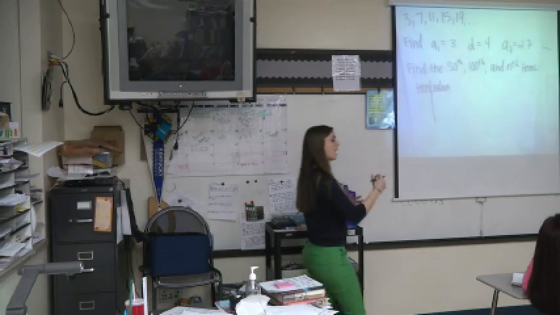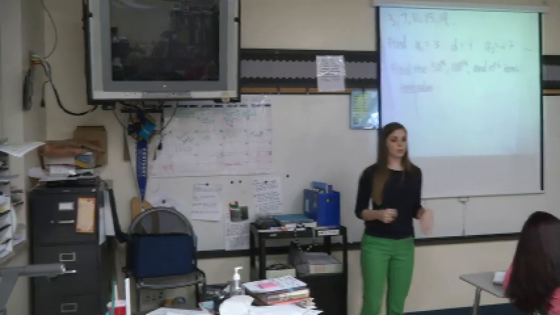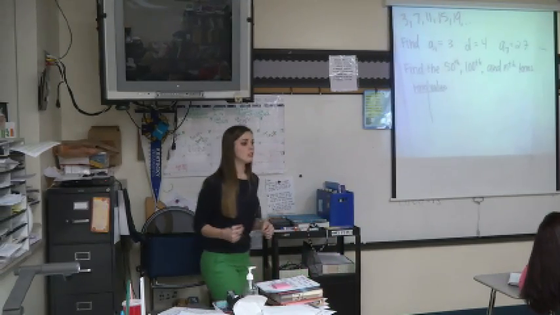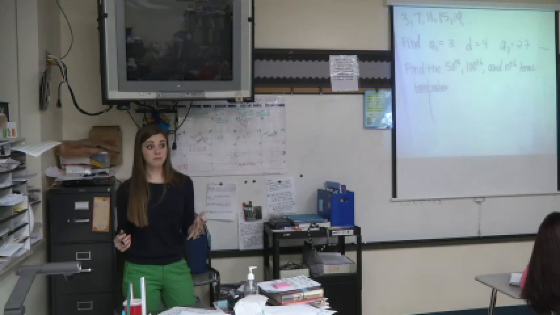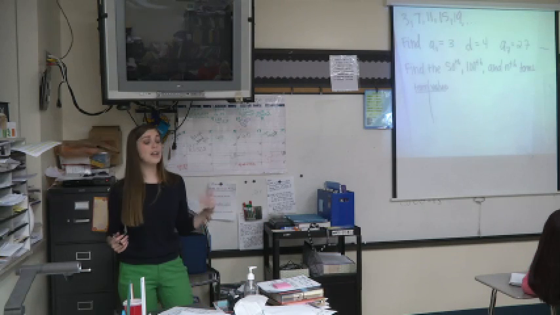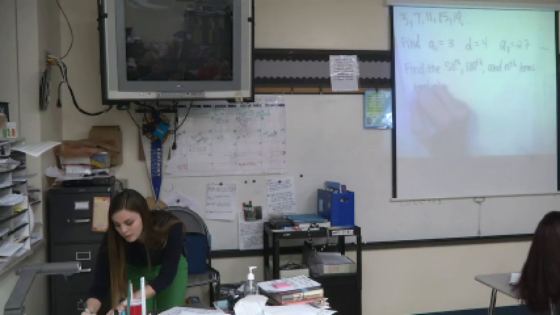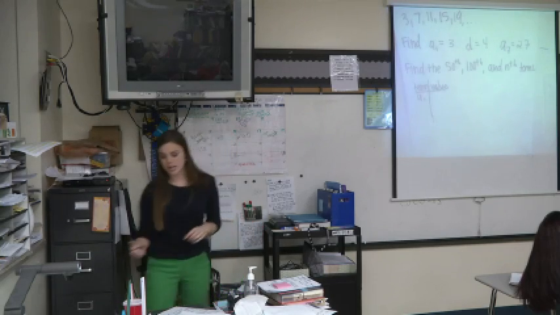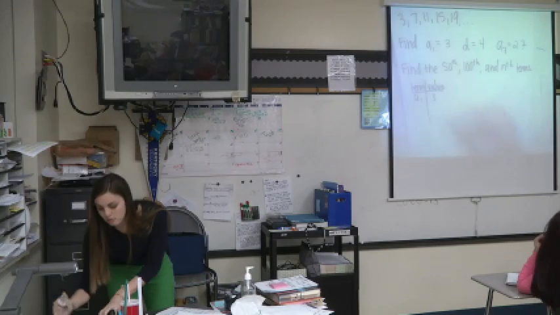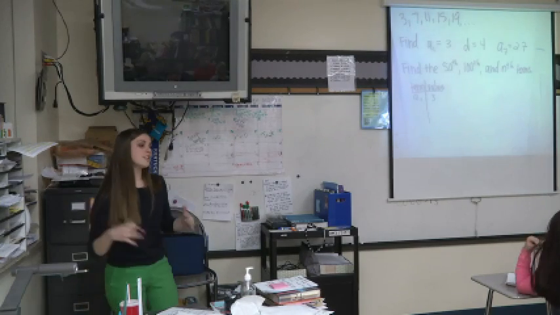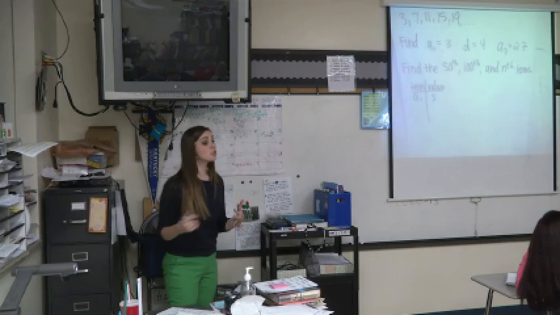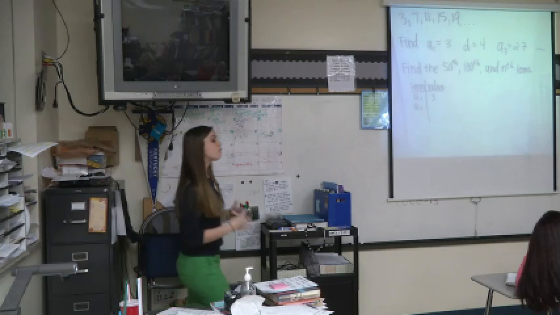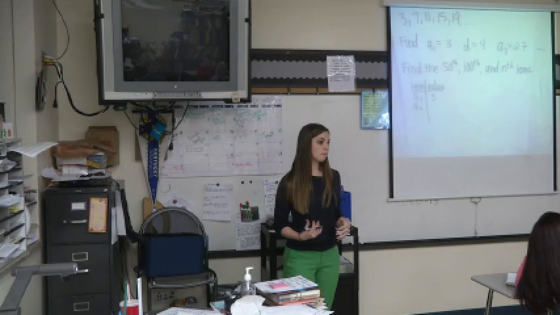We're gonna start at the very beginning. What's the first term? How do I write that in proper notation? A sub 1. Good. That's the first term. What was the value of a sub 1? 3. Okay. What would be the next term? A sub 2. How did I get there from the first term? You added 4.